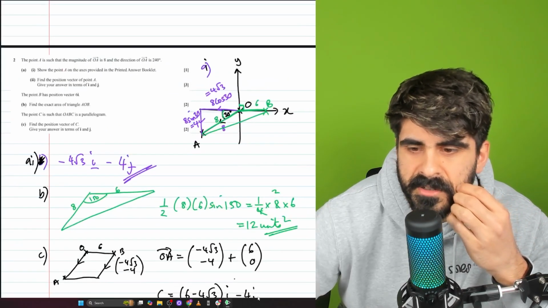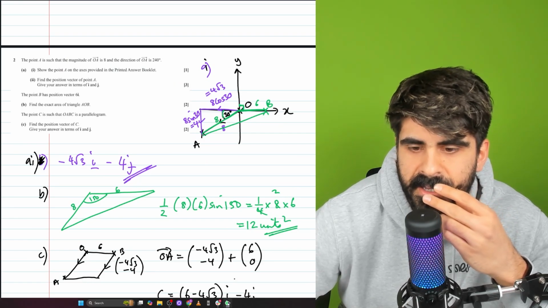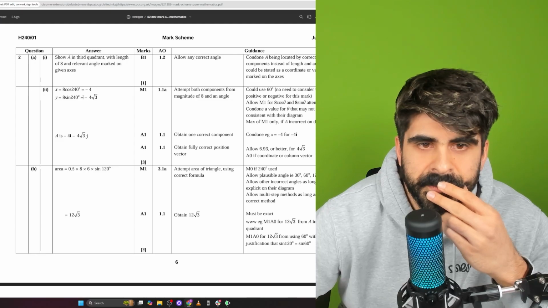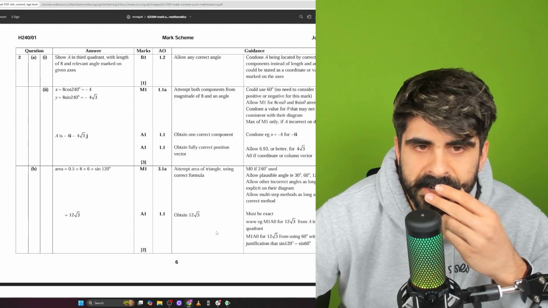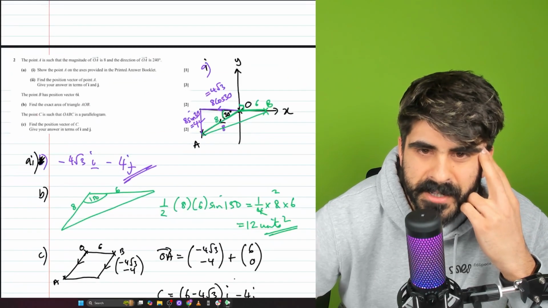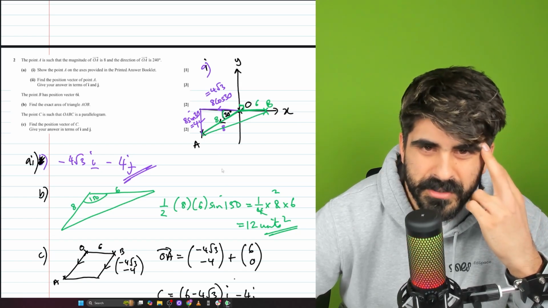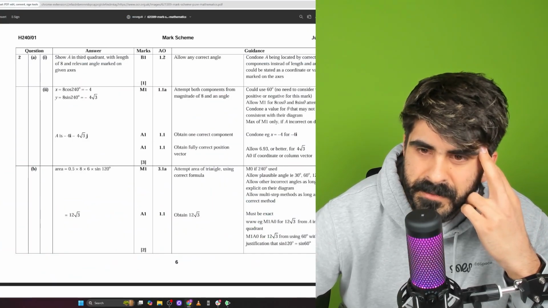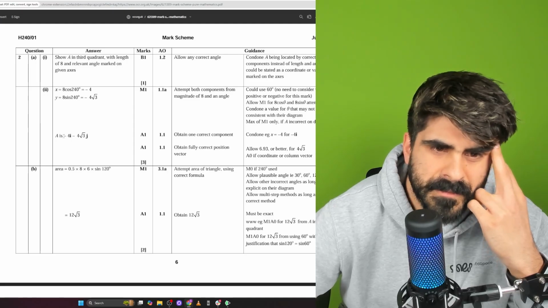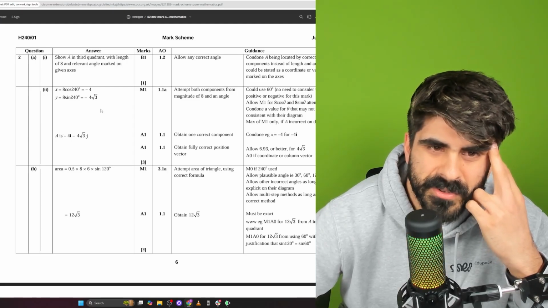Third quadrant is here. 240 means 30 there. 8 cos 30. Minus 4. I got that. Why are they getting minus 4i? Am I bugging? Or are they wrong? How is x minus 4?